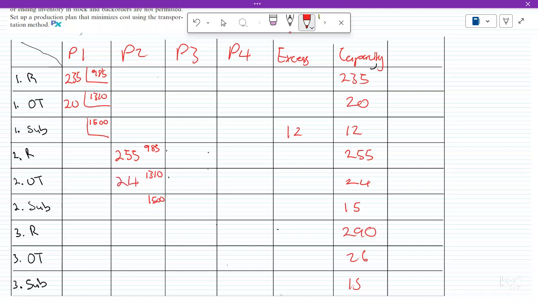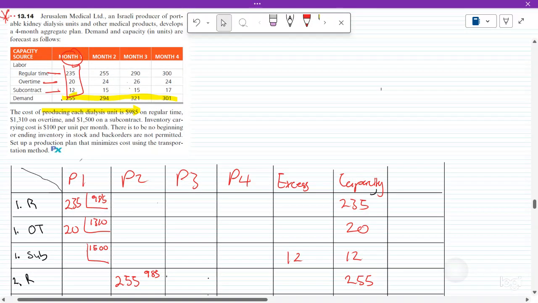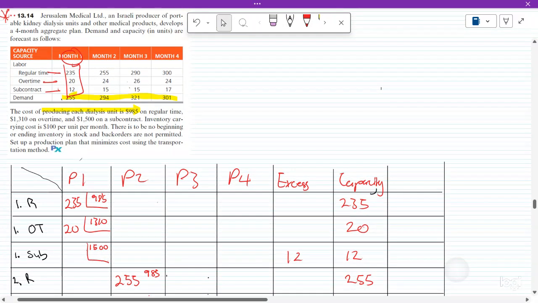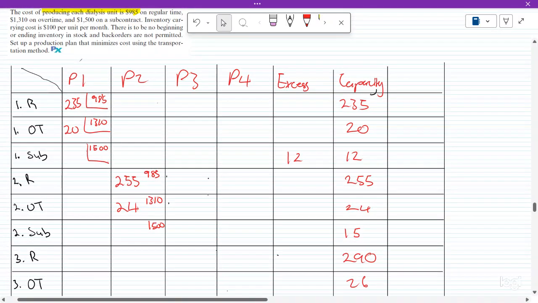You add the 255 plus 24, you're getting 279. So 294 minus my answer, I'm remaining with 15. I need 15, and when I look there, I have 15. Here's your 15. Then you utilize that 15 as a whole.